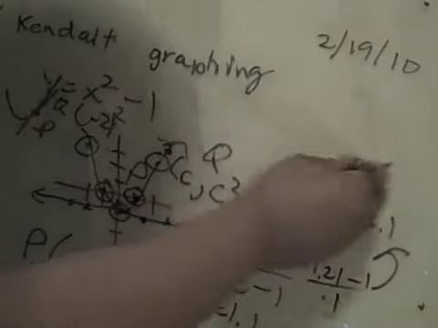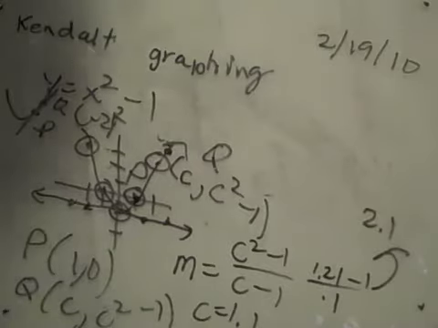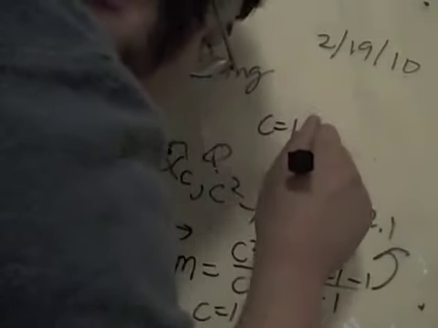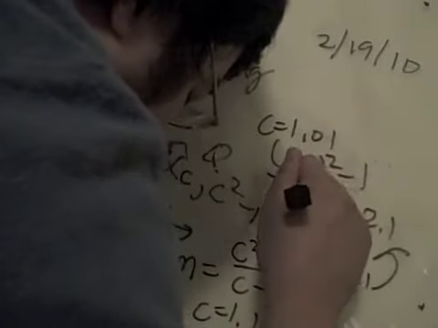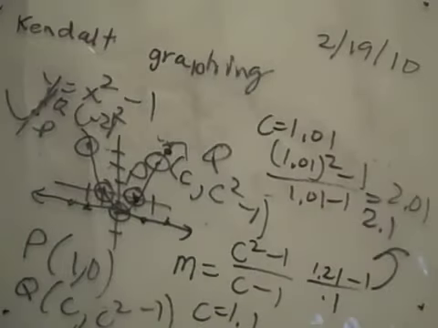Alright, so let's try c equals 1.01. 1.01 squared minus 1 divided by 1.01 minus 1 equals 2.01, I think.